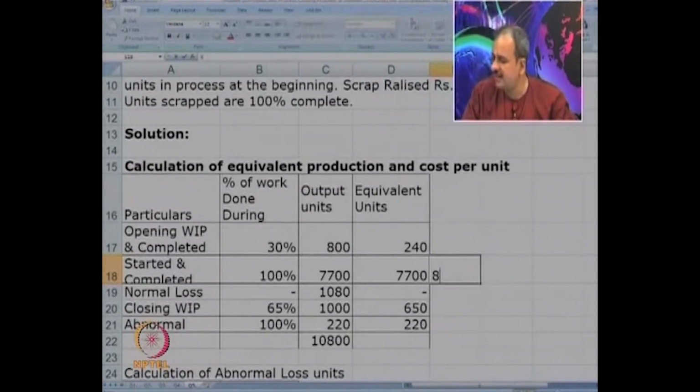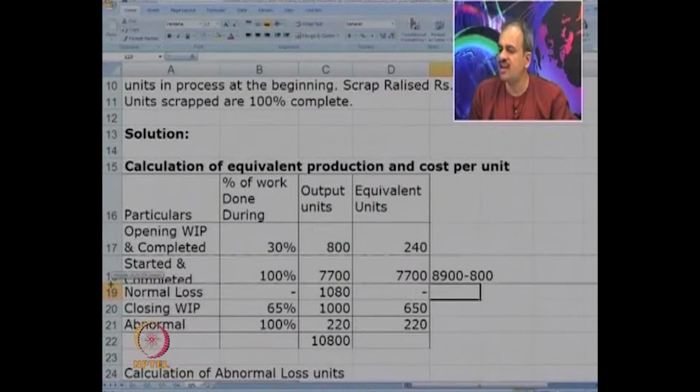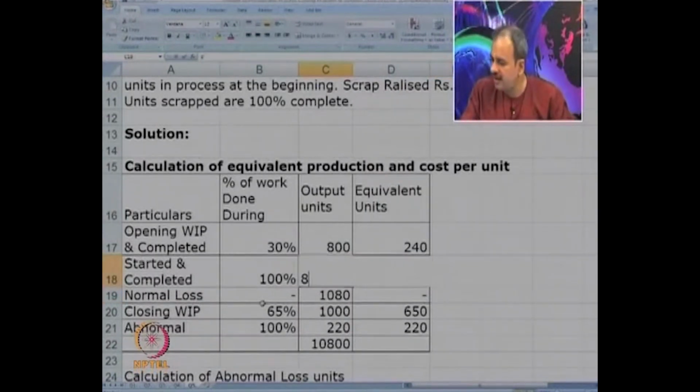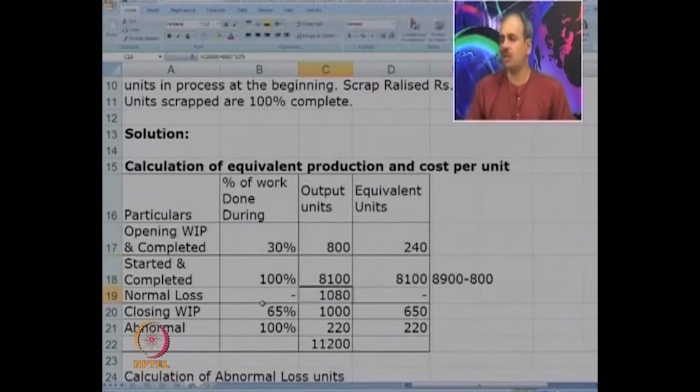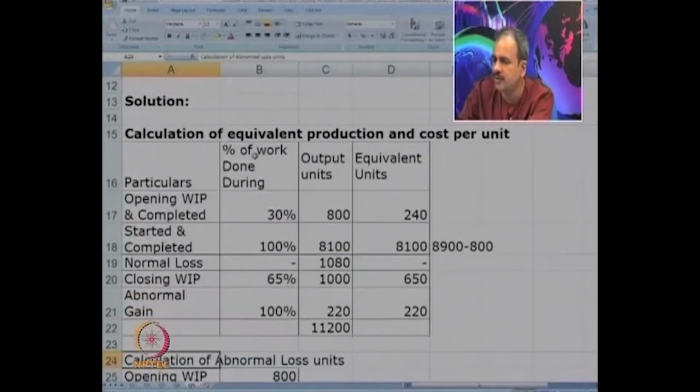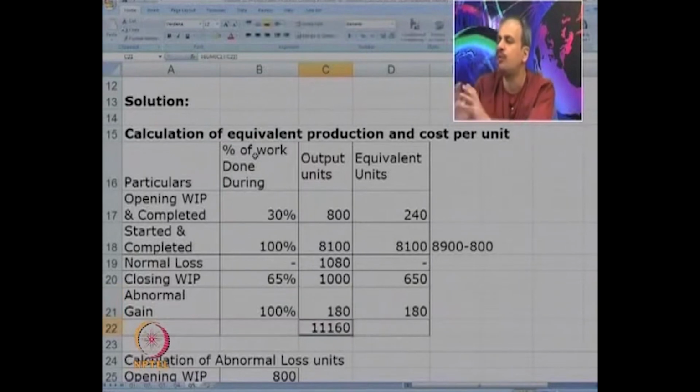Total output is 8900 minus 800. So the units which were newly put in and completed comes to 8100. Okay, and there is an abnormal gain. There is no abnormal loss as such. And this abnormal gain we have just now calculated is to the tune of 180.